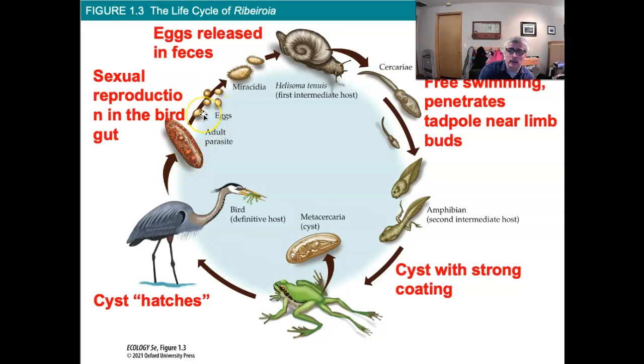These eggs then hatch in the environment, where they're miracidia. The miracidia then get taken up by a first intermediate host. Typically, I think it's consumed as well. I think they consume the material that has the miracidia in it.